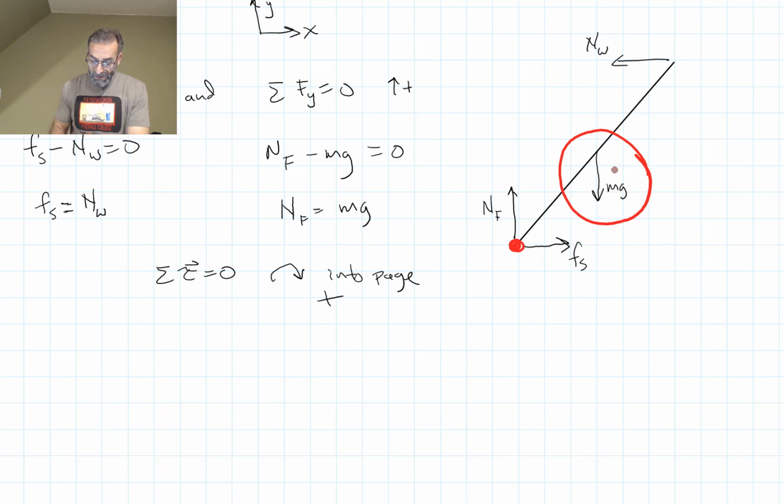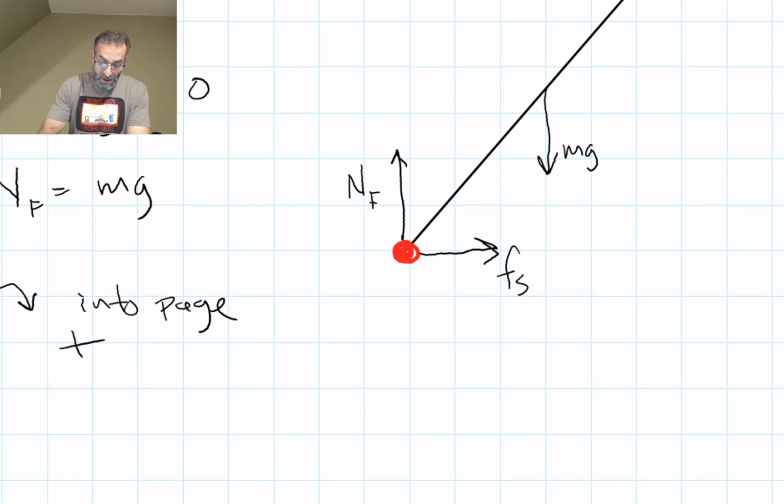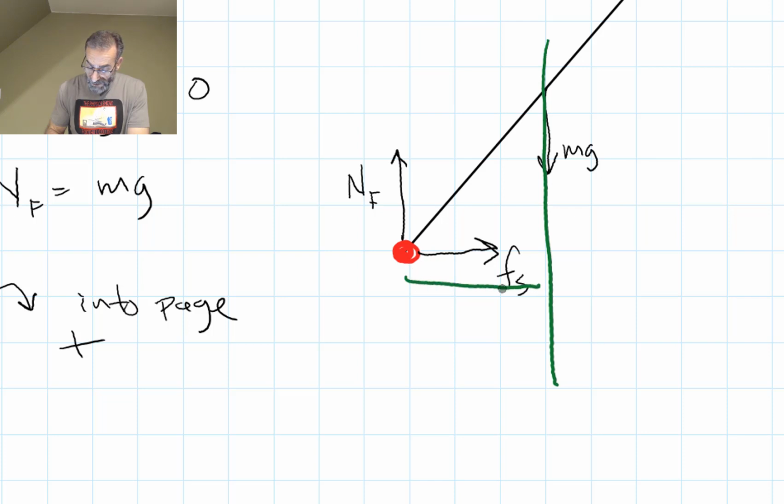I have the weight of the ladder that will cause my ladder to rotate in the positive direction. So I've got positive torque times its lever arm. And what's its lever arm? I extend the line of force, and its lever arm is this distance right here, the perpendicular distance from the line of force to the axis of rotation, d1.